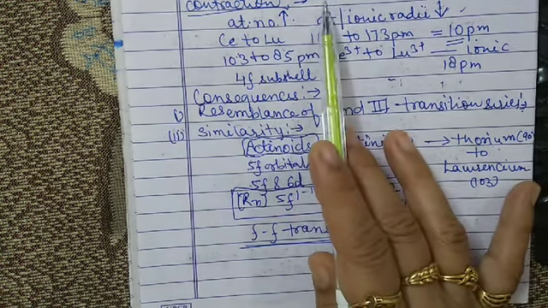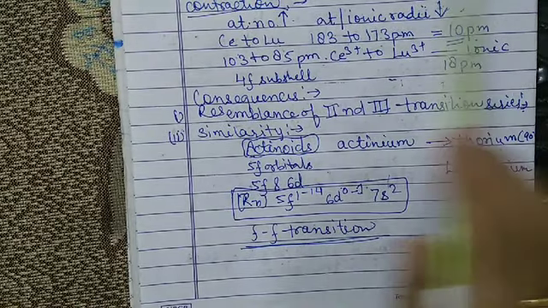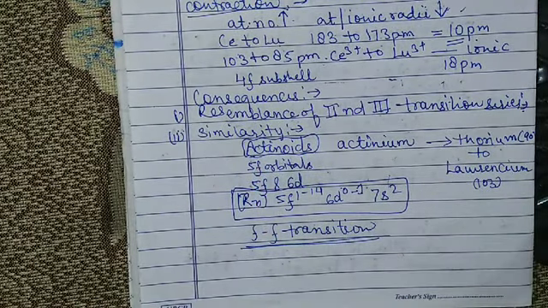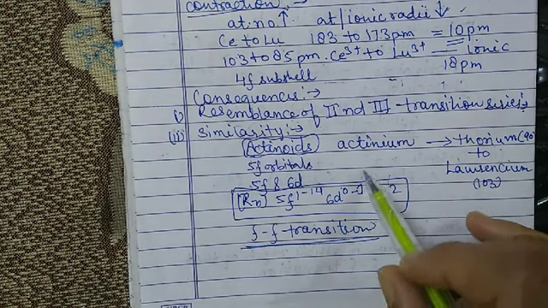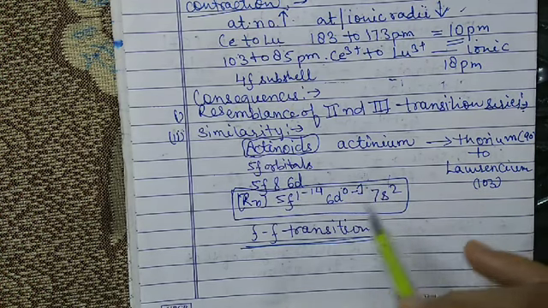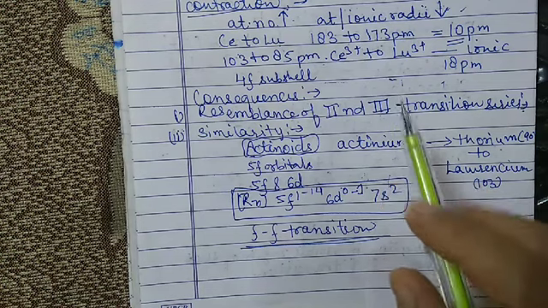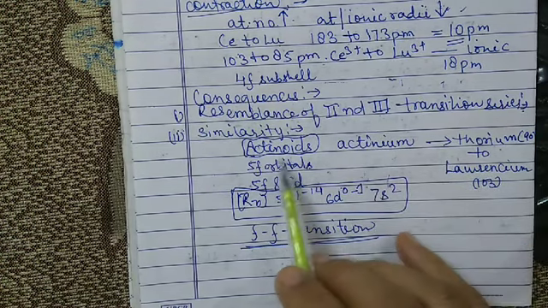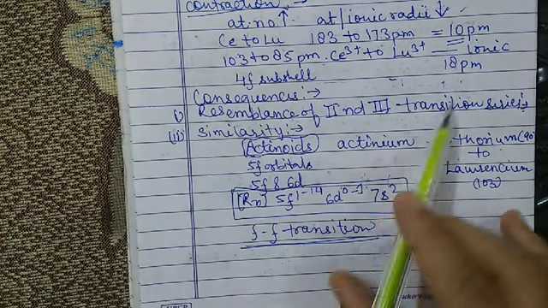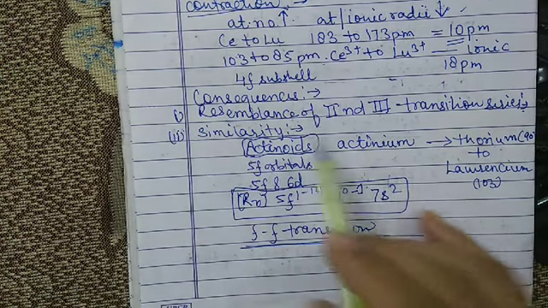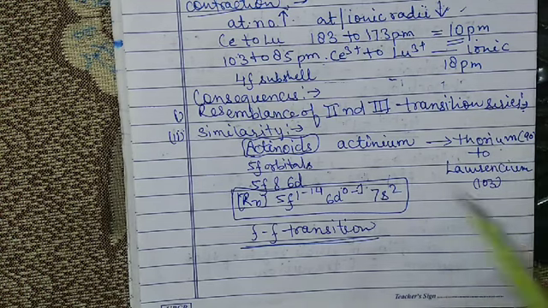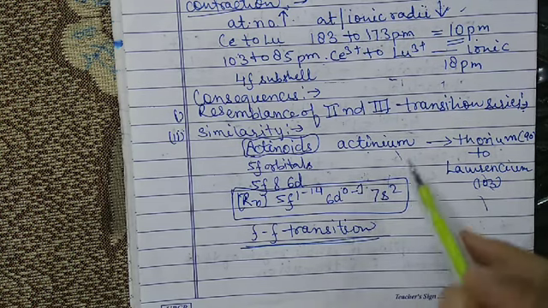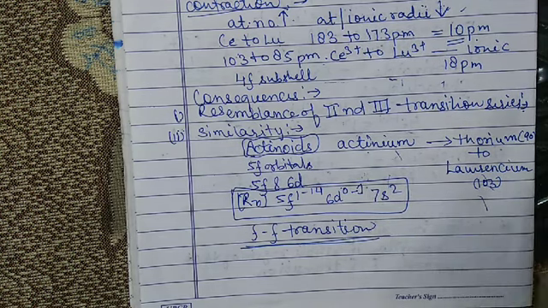Same as the lanthanoid contraction, the actinoids have the actinoid contraction. The size of the atom or ion of the actinoids decreases regularly along the series with the increase in atomic number from actinium to lawrencium. Atomic number increases from actinium to lawrencium, but the atomic or ionic size gradually decreases.